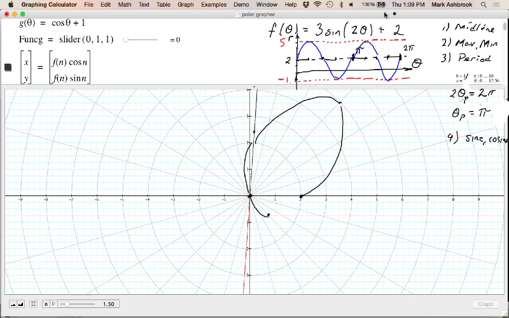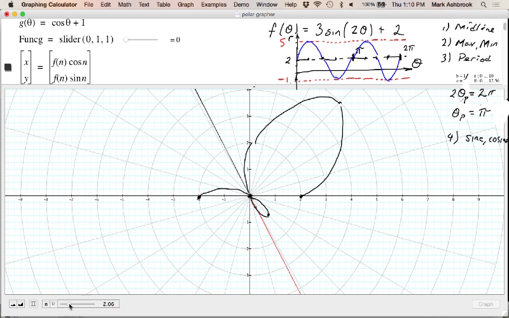From 3 pi over 4 to pi, it's going to go back from negative 1 to 2. So at pi, it's going to be at 2, which is here. It's going to undo what it just did. It's going to go back through the pole, make a little loop there, and then increase out to 2. So let's see if we follow the point here.